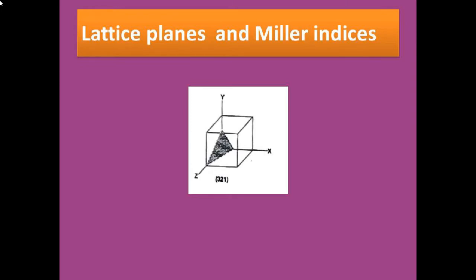For multiple choice questions, these diagrams are very important. You should learn this thoroughly. These are the Miller indices of the planes in a cubic system, and maybe they will ask you to find 0 1 1. So you should correctly identify which diagram is showing the 0 1 1 plane. That is very important. So do not ignore these figures.